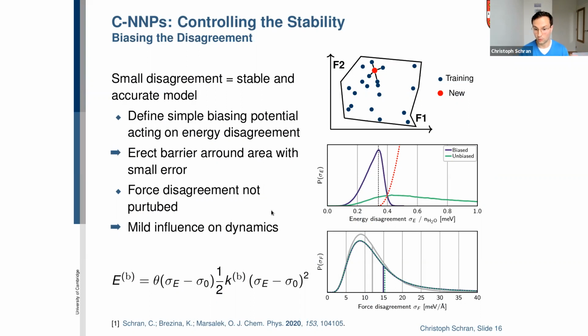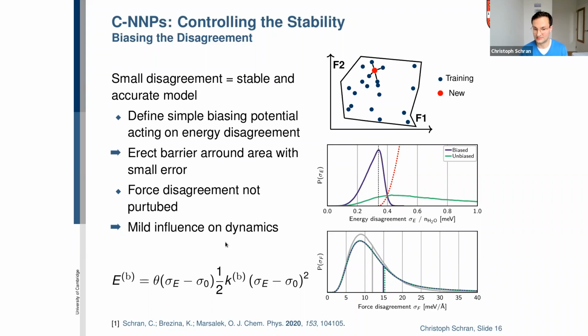So you impose a barrier around the region of your training set, which is well known, where you have a low disagreement, and prevent your simulations from entering the regions with high disagreement. That can be done quite easily, and it's in the end a relatively mild bias, which stabilizes your dynamics or your simulation.